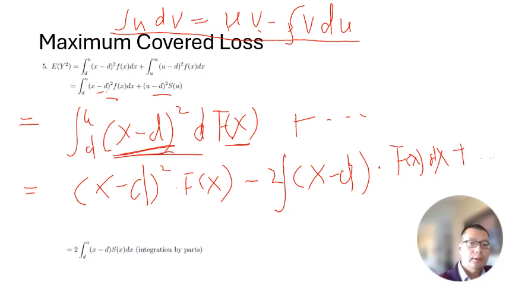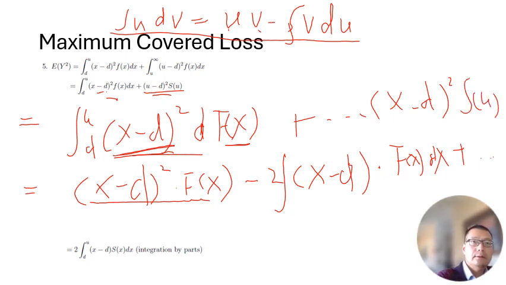From here you can see x minus d, and the last part is (x minus d) squared.